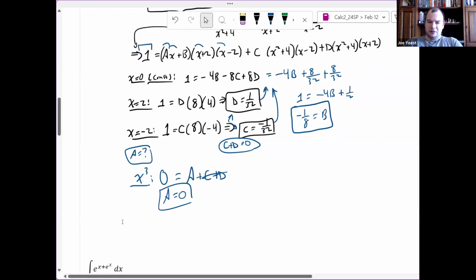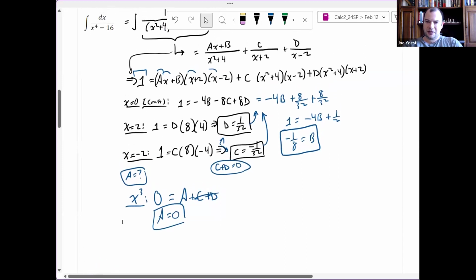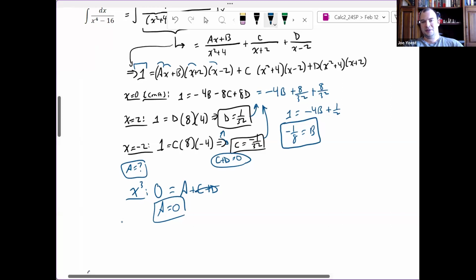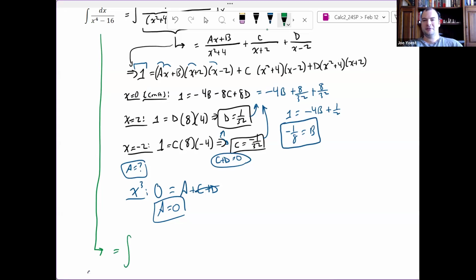So let me zoom out just a tiny bit here. So I see that this integral, the initial integral, is going to be equal to the integral of, well, this bit turned out to be 0, so we don't have to worry about that. B is negative 1/8.